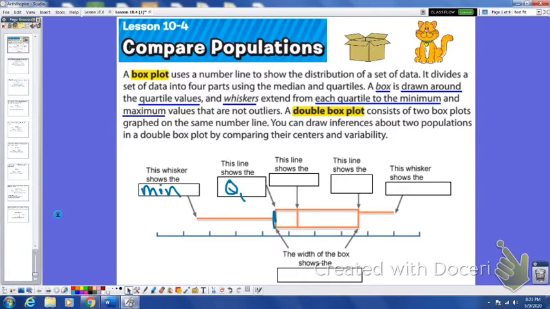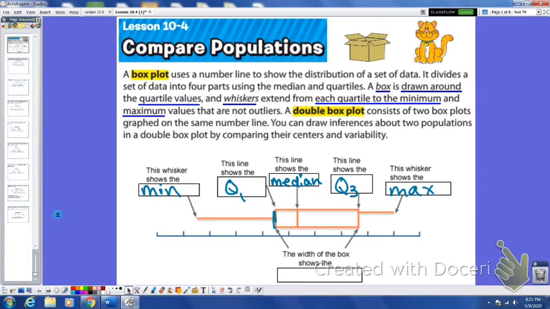This line in the middle is our median. Remember, median was the middle line, or the middle number rather. And then to the right of the median, finishing up our box part, is our Q3 or our quartile 3. And then the higher whisker is our maximum, which again we usually just abbreviate max.